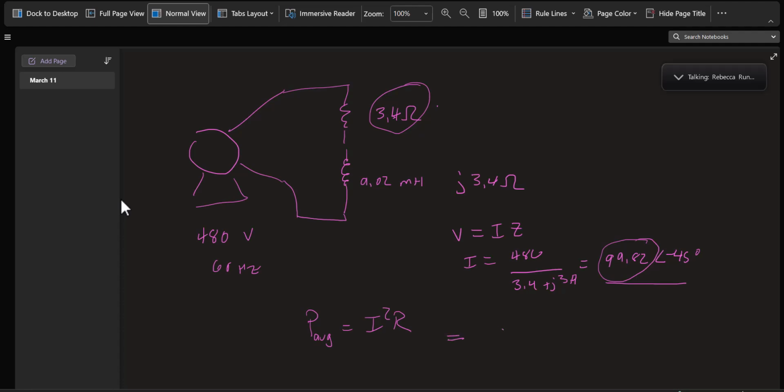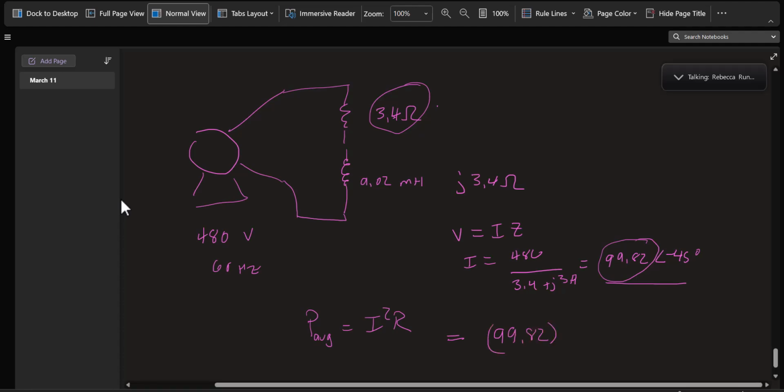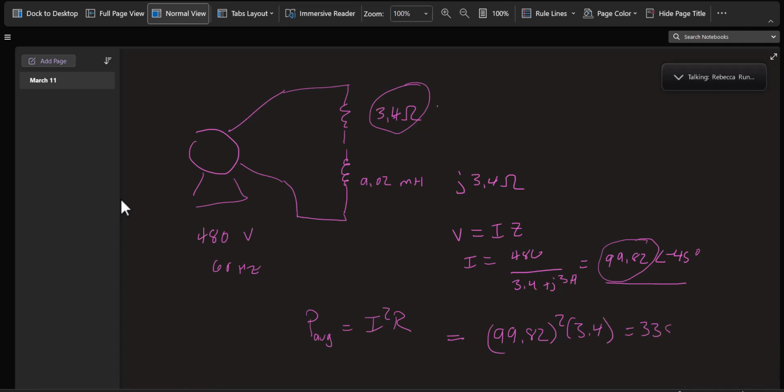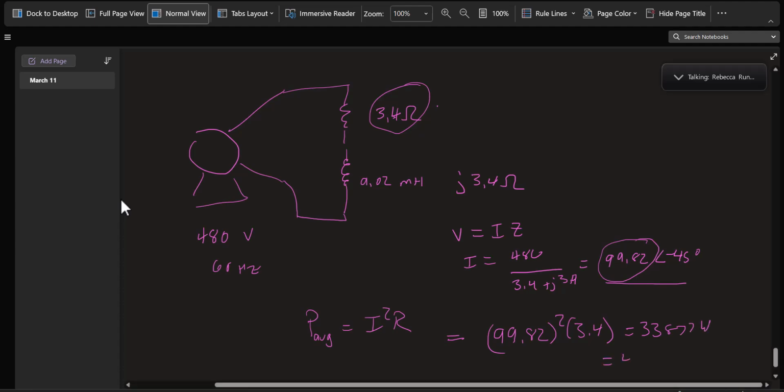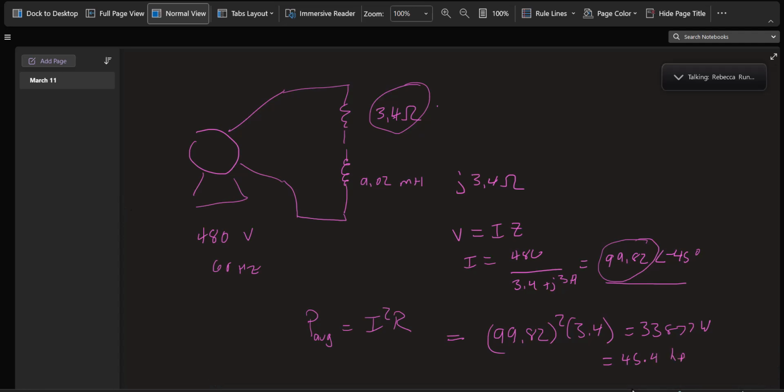So our average power would be 99.82 squared times 3.4, which is 33,877 watts, which if you change it to horsepower is 45.4 horsepower. And so we have half the horsepower that we had from the one before. And that's going to be all that I'm going to do today.